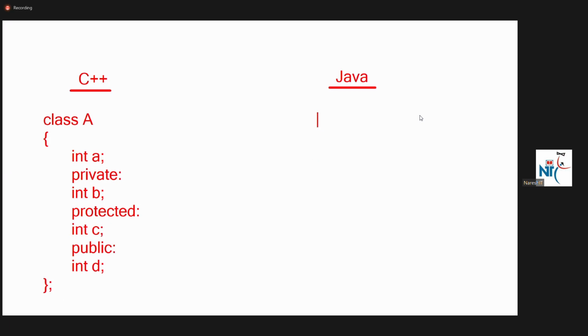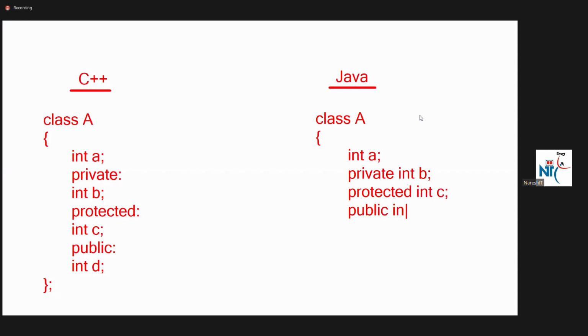Java will write like this. The same concept in Java will be written like this. That is C++ syntax. This is Java syntax. Java style is different.